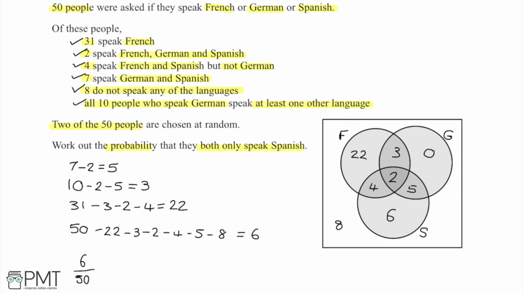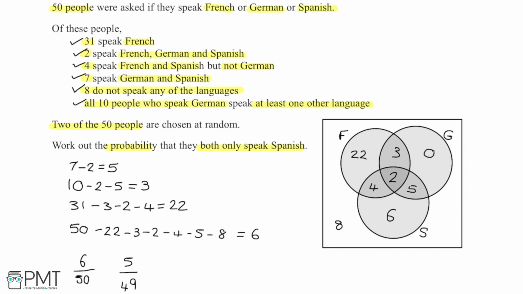And the probability that the second person chosen at random only speaks Spanish, well, we've already taken that first person out. We can't pick that same person again. So there are actually now only 5 people left that speak Spanish, because we're not including that original one. And that's going to be 5 out of a possible 49, because again, we've subtracted 1 from the 50 original people, because we can't pick that same person again.